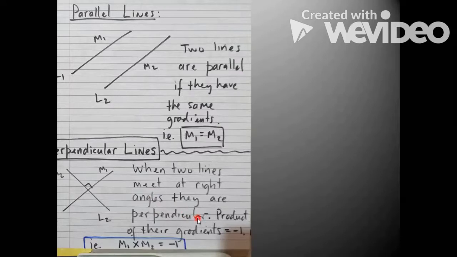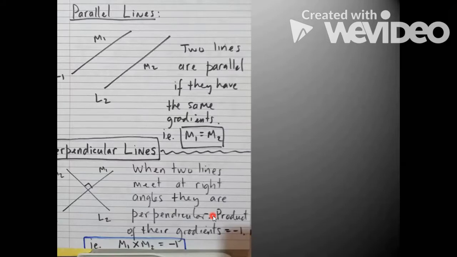Now, if you multiply their gradients and you get -1, then the two lines are perpendicular. Let me say that again. Two lines are perpendicular if you multiply the two gradients and you get -1.